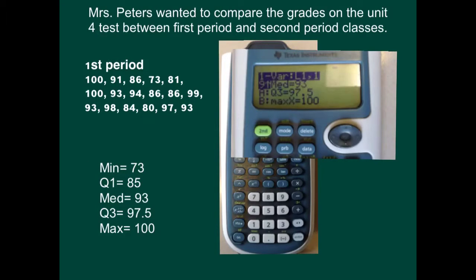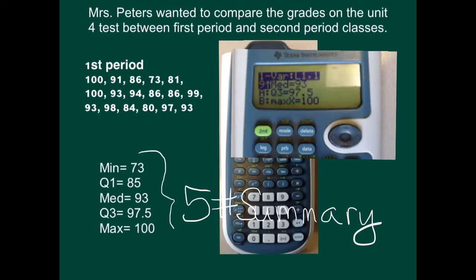Now this data that we just collected right here is called the 5-number summary. That's this data: the minimum, the median, the maximum, and the first quartile and the third quartile.